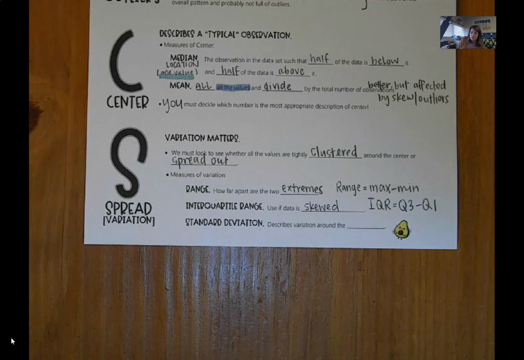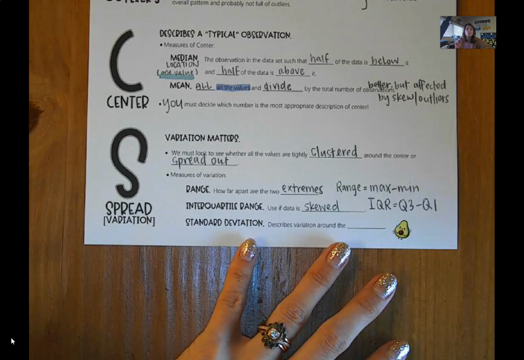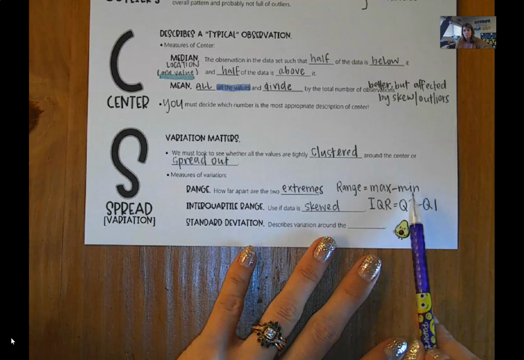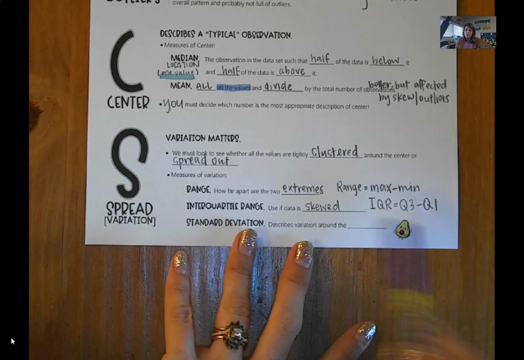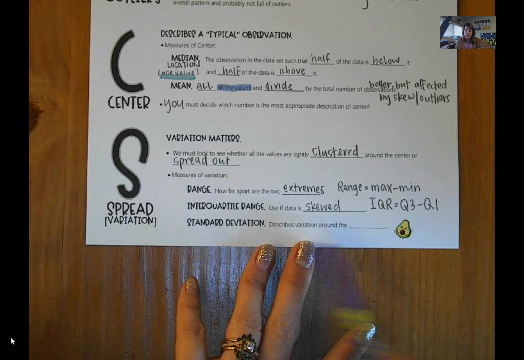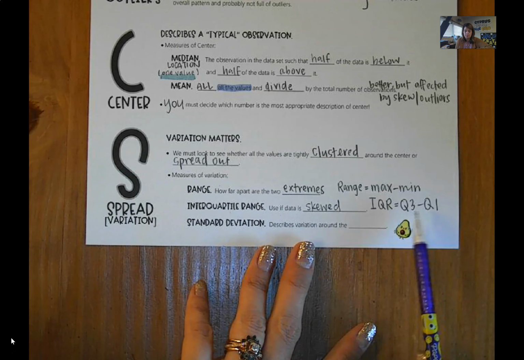So our first two measures of range are, not range, sorry, that is a huge mistake. Our first two measures of spread are the range, which is your extremes, the max and the min. But if you have a skewed data set, we need something else. So that would be your interquartile range, which is your third quartile minus your first quartile.